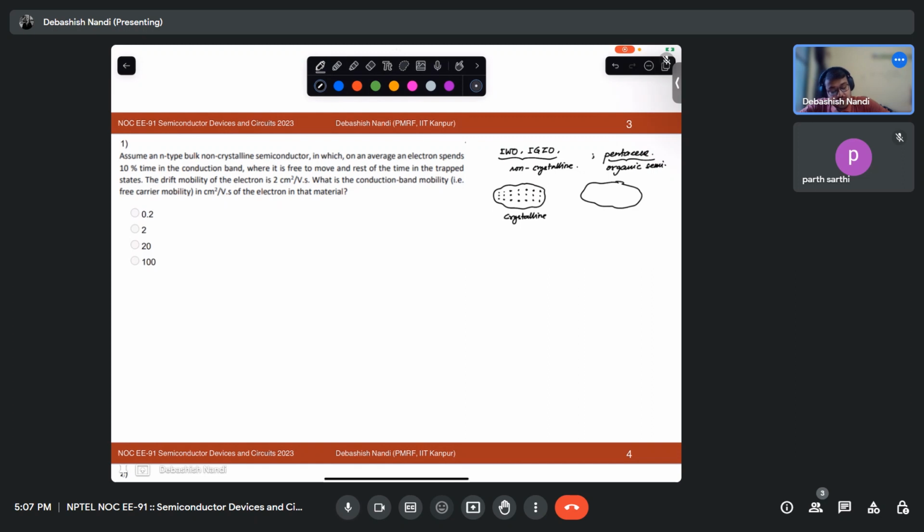And what about polycrystalline silicon? Polycrystalline silicon will have grain boundaries, where within one grain the atomic arrangement is periodic.